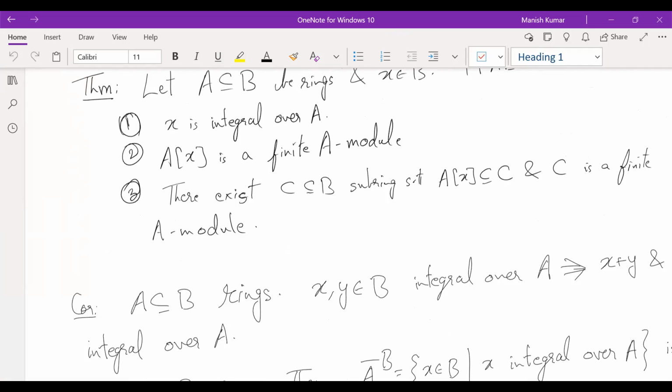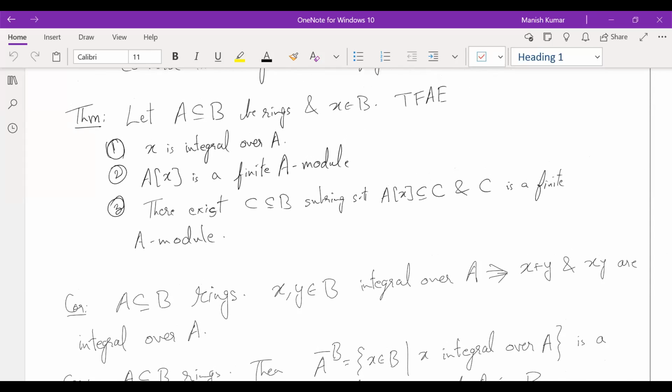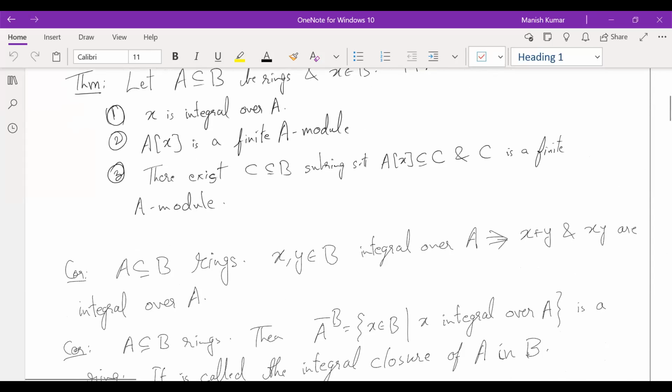So the corollary is, if you take x and y integral over A, then their sum and their product are also integral over A. So that's what one has to check, that the set of x in B such that x is integral over A is a ring.